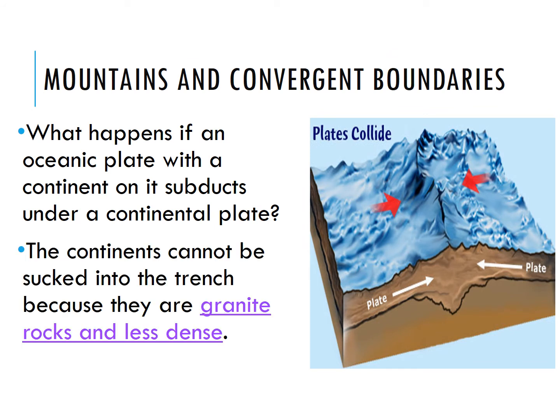So what happens if an oceanic plate with a continent on it subducts underneath the continental plate? The continents won't be sucked into the trench because they have too light of a density. So we're going to have more mountains forming.